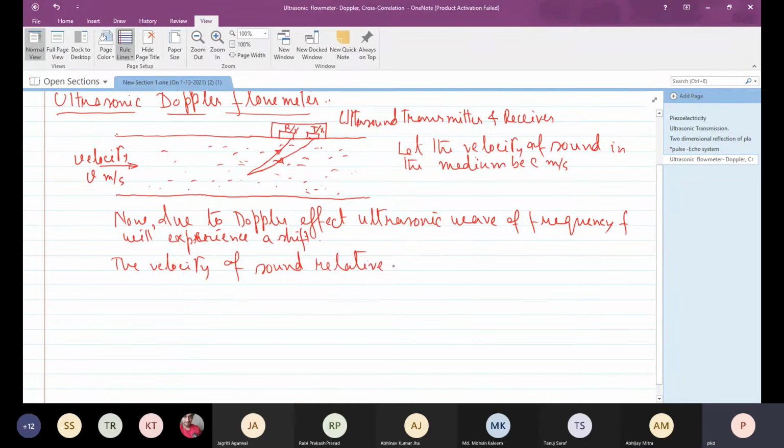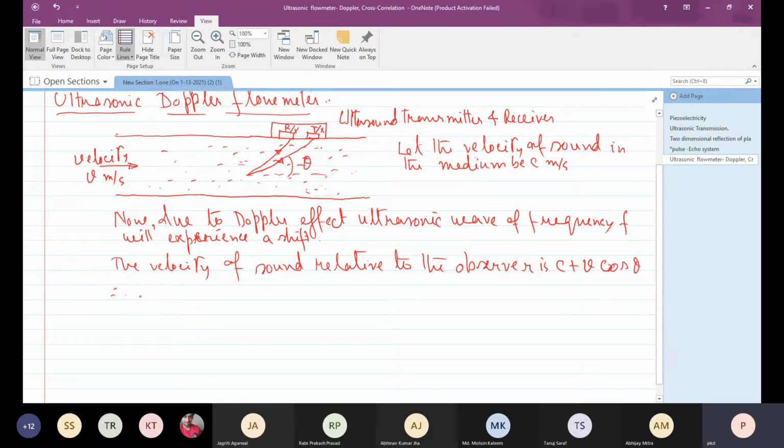The velocity of sound relative to the observer is c plus v cos theta, where the angle is theta.